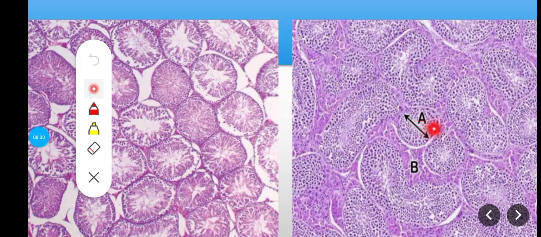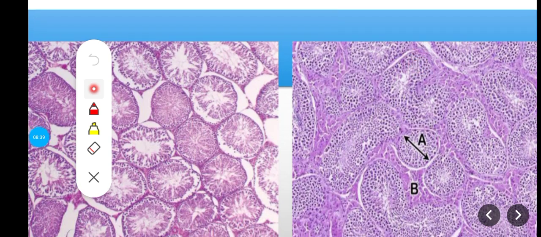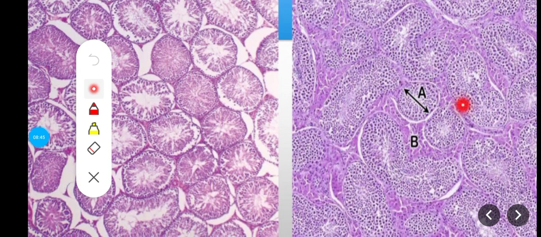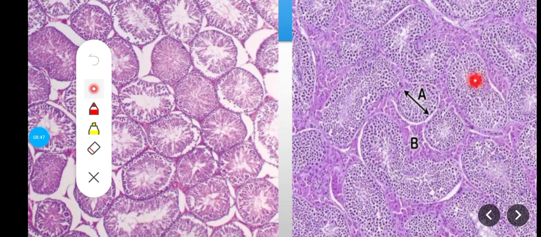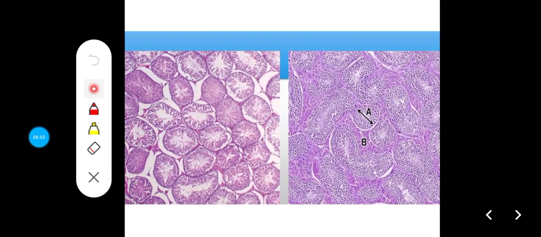See the way the lumen is obscured by the varying layers of cells in different levels of development. The same thing can be said of this one, this one, this one. I believe you can appreciate that.